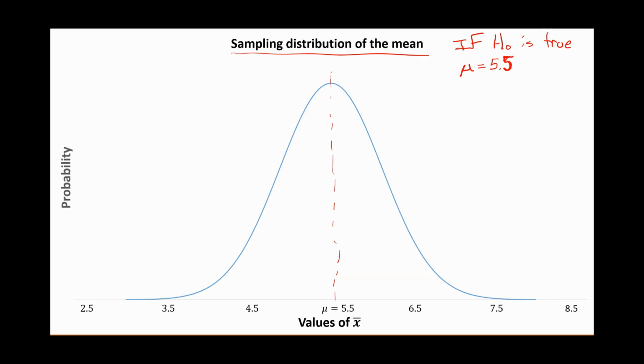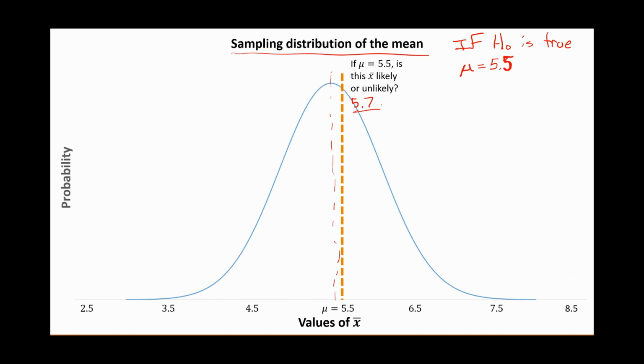So let's imagine that we calculate a sample mean, and this is what we find. I didn't actually write in the value here, so I'll just write one in now. Let's say our sample mean is 5.7. So we would look at our sample mean and think about it by comparison to our hypothesized population mean.